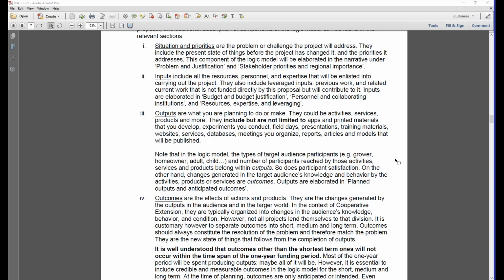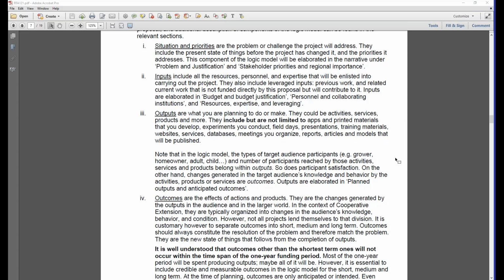Now, outputs. This is just basic evaluation terminology that's necessary here, but it's completely defined in the text when you read it. Outputs are things that you're planning to do, to make, or services you're planning on providing.